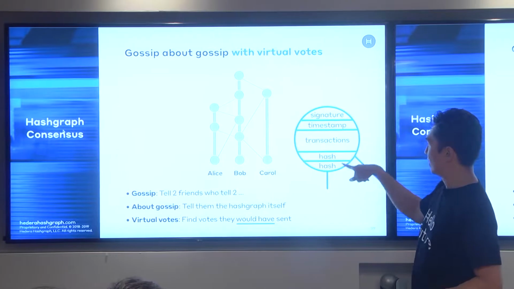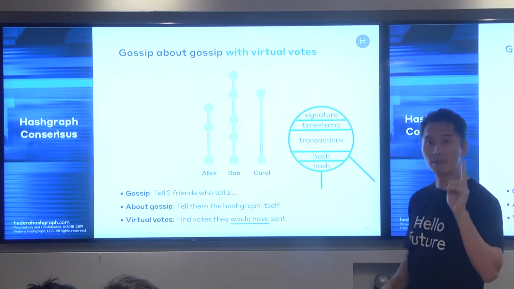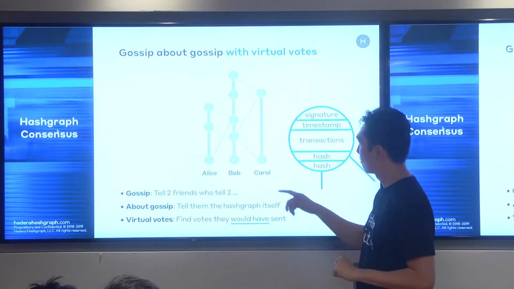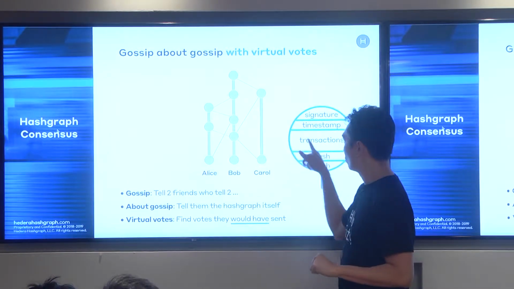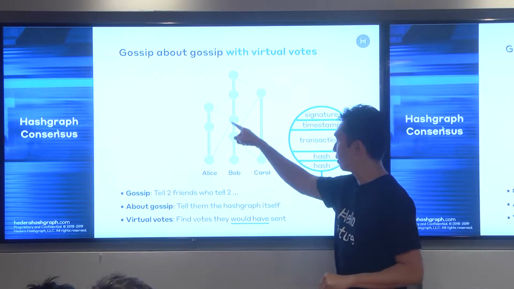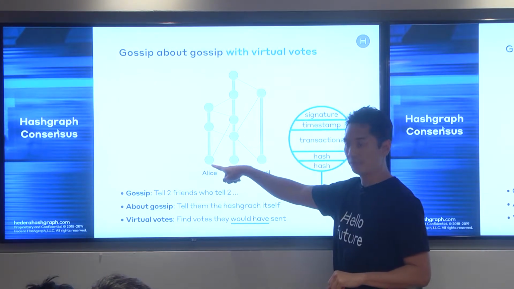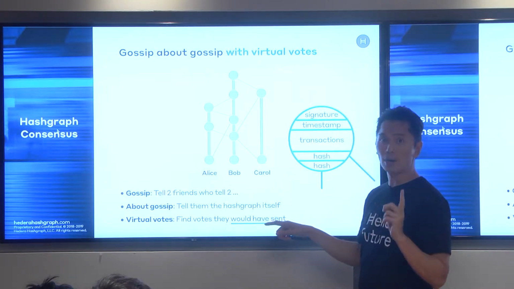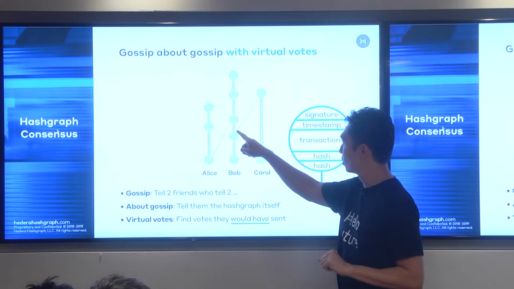So in these events there's a transaction, and very importantly, and this is really where the innovation comes in, along with the red transaction, we include two hashes. The hash of the prior event that Alice created, which is this event right here, and the hash of the prior event that Bob created, which is this event right here.